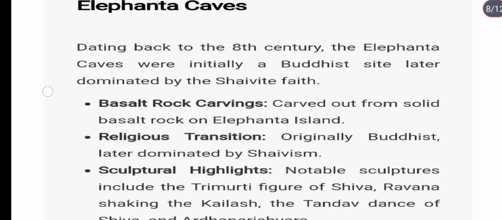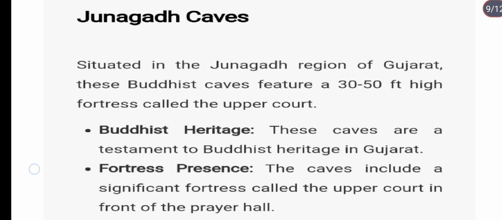The sculptural highlights are notable sculptures including the Trimurti figure of Shiva, Ravana shaking Kailash, and the Tandav dance of Shiva, which are very fine examples of the art of architecture.